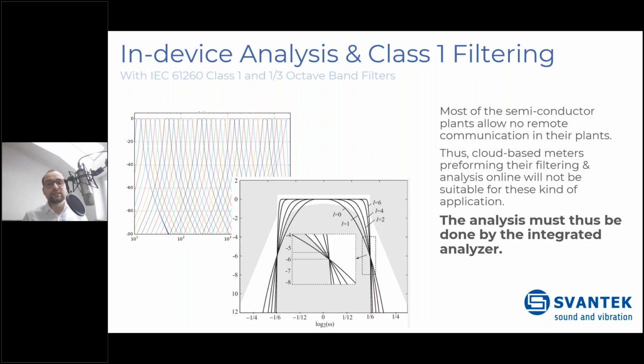If you then have a device that is based on a cloud analysis before it can make a conclusion whether something exceeded the level or not, then you can't really be targeting these clients, because you will find that in a lot of these clients, any kind of wireless communication with a cloud server that is outside of their jurisdiction is a big no. Because of that, the analysis must be done by the integrated analyzer, so the DSP inside of the device, so that you can do an offline analysis that then allows you to see whether you are passing the vibration criterions or not.